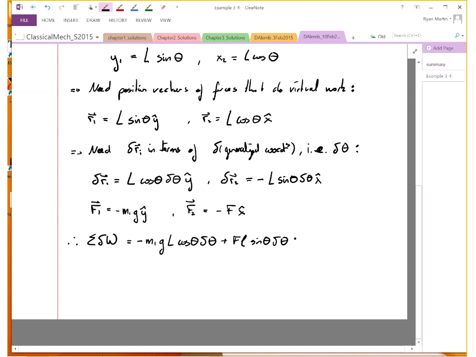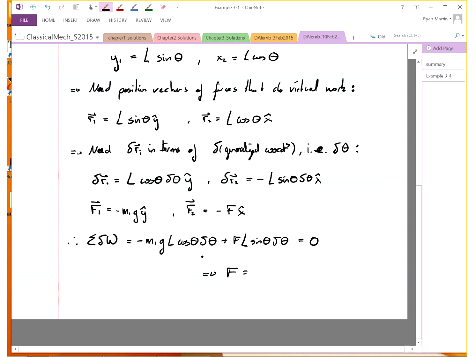And for static equilibrium, this must be equal to 0. So if it's equal to 0, then the delta thetas cancel. And we can write that F is going to be, the L's cancel as well, actually. Right?